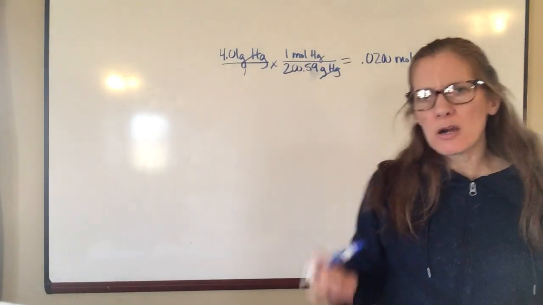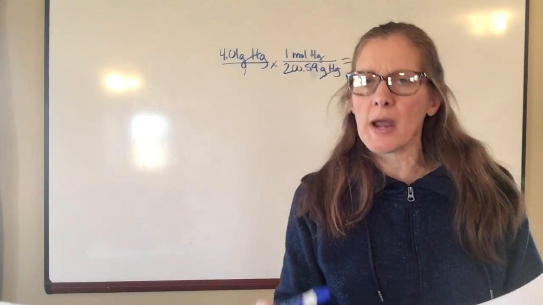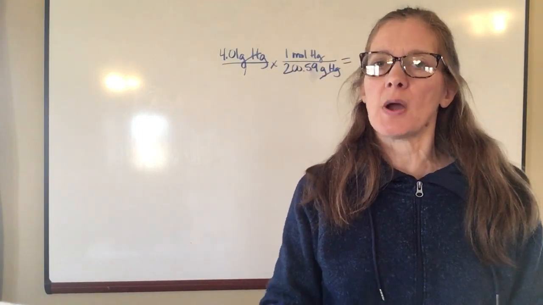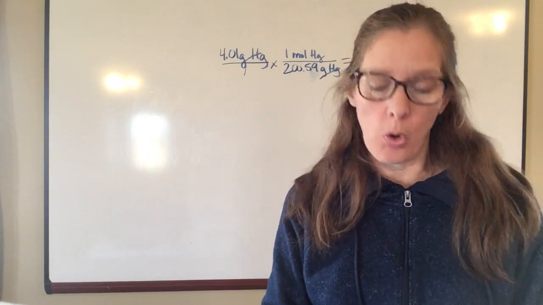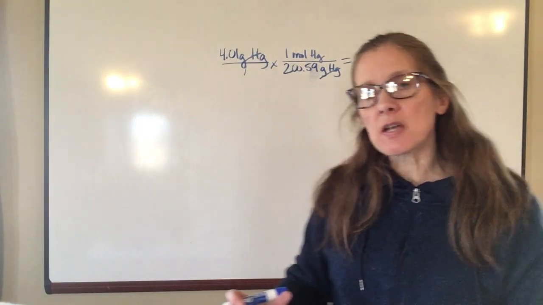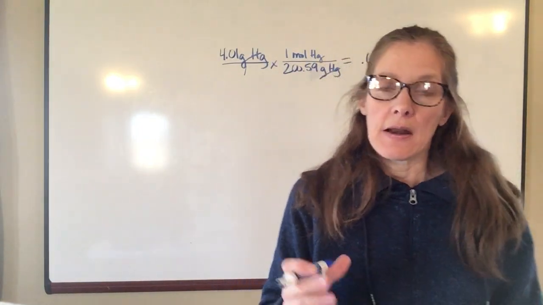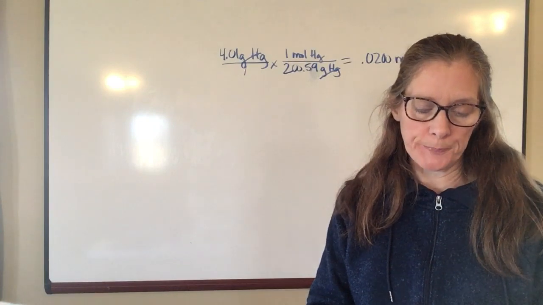Now, an empirical formula is the simplest ratio between the number of atoms, and the number of atoms is directly related to the number of moles. So if I know moles of mercury and I know that it's combined with oxygen and I find moles of oxygen, then I'm going to be able to figure out the ratio between the two.